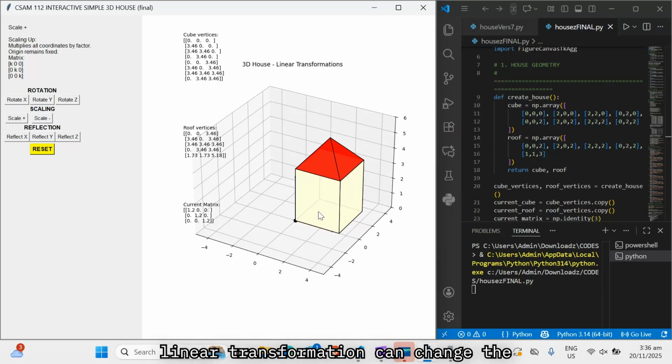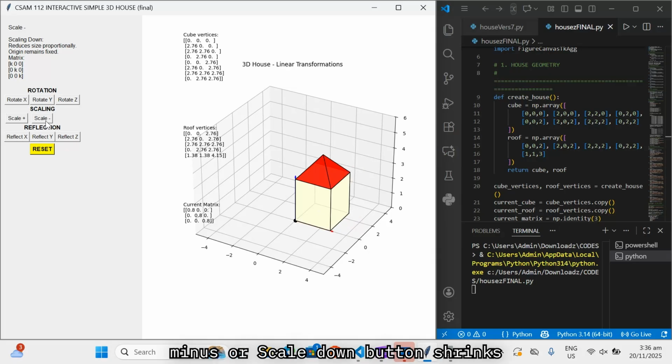Scaling demonstrates that linear transformations can change the size of objects while still preserving lines, planes, and the origin. Clicking the Scale Minus or Scale Down button shrinks the house using this matrix. All dimensions are reduced proportionally, preserving the relative proportions of vertices.